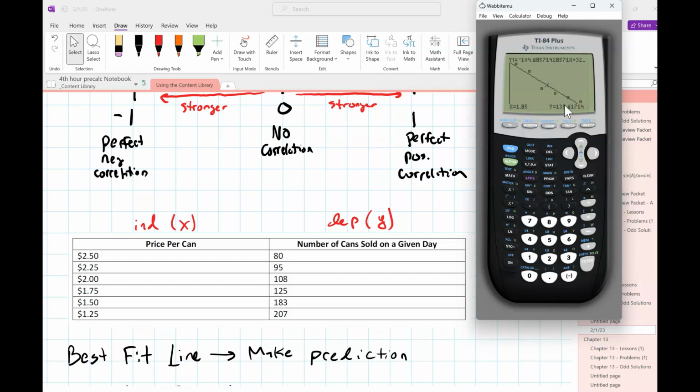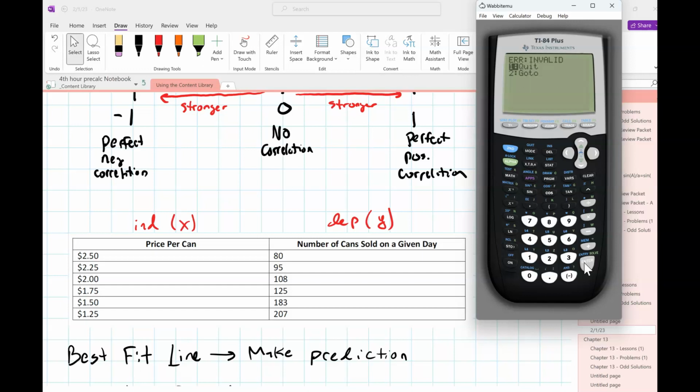Here's the catch. What if I wanted to do $3? So I do second, trace, value, and I pick 3. My calculator gave me an error, invalid dimension.